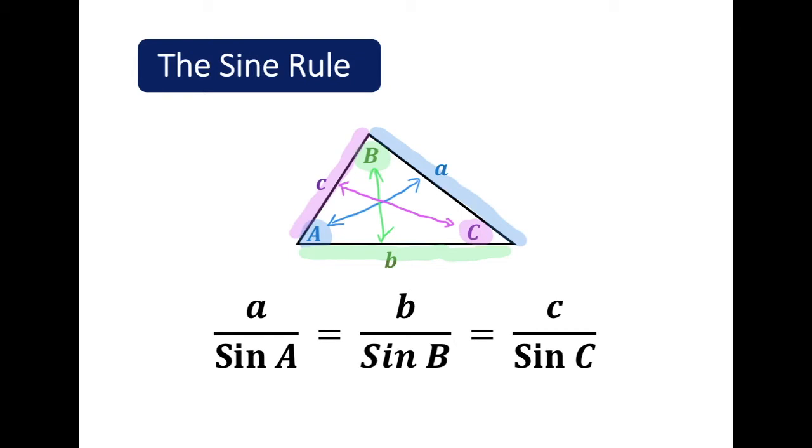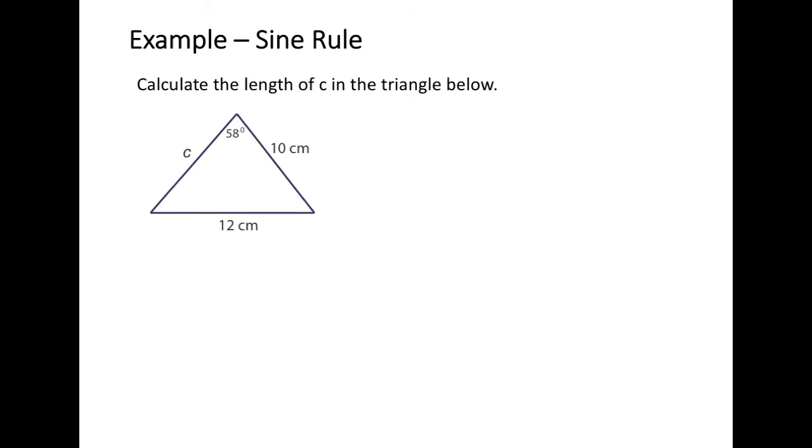So let's have a look at an example of how we can use the sine rule in a calculation. So in the example, we want to calculate the side length of C using the information provided. So having a look at the information and labeling the sides that we know, we've got angle B, and opposite angle B, we've got side B, and we also have a side of A. Now we're looking to find C. So to be able to find C, we would need to be able to know what the value of our angle of C is, which is opposite the missing C side, which we don't know.